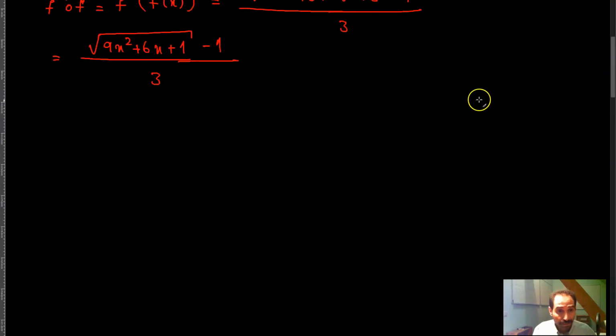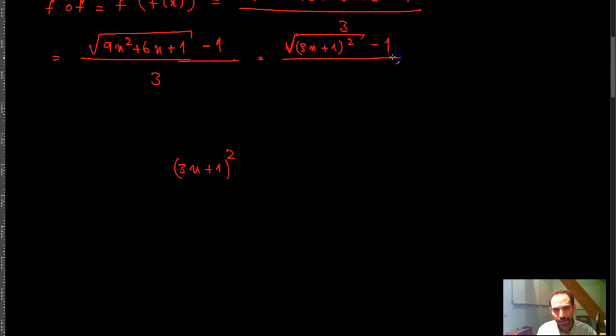And so what we have here is basically 9x squared plus 6x plus 1, which you can write as (3x plus 1) whole squared, right? So I can write this as the square root of (3x plus 1) whole squared, minus 1, divided by 3.